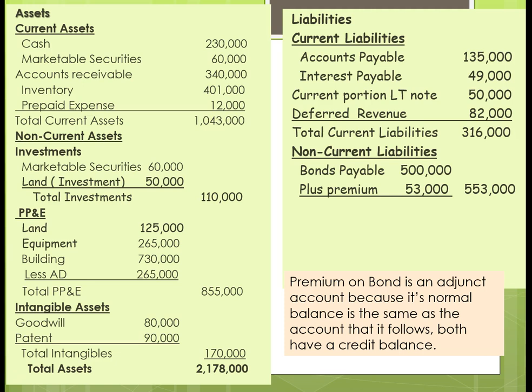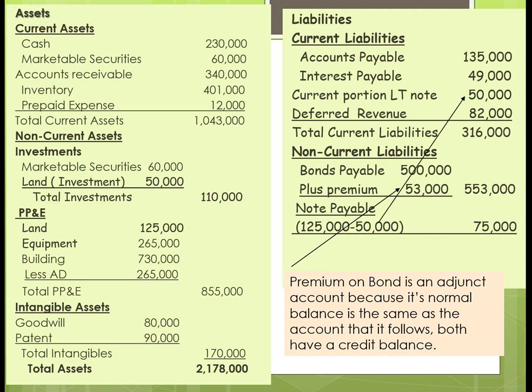Now, if there had been a discount, we would be subtracting it, and the discount on bond would be a contra account because it follows it, but the balance is the opposite of the account that it follows. And we're going to include that $75,000. We have taken out 50 and put it as current, and now we have our total liabilities.